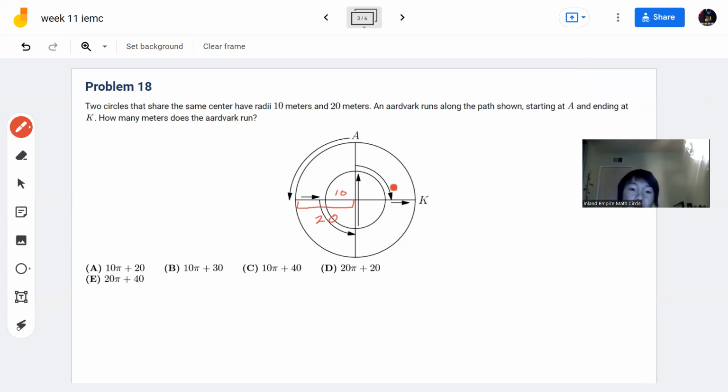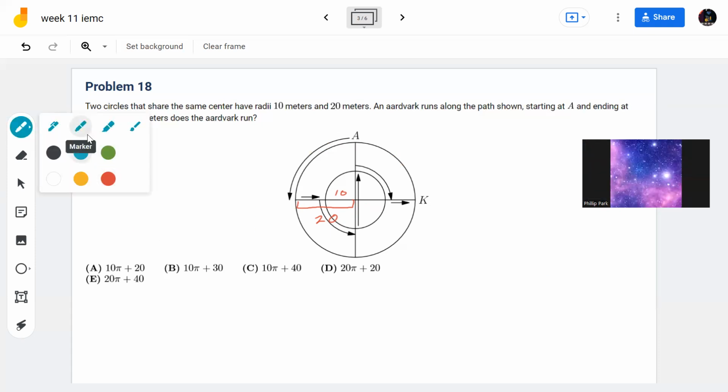So how do we go about solving this, right? We need to follow the arrows. Anyone have an idea of how we can go about solving this? Anyone? Lloyd, how about you try to solve this one?